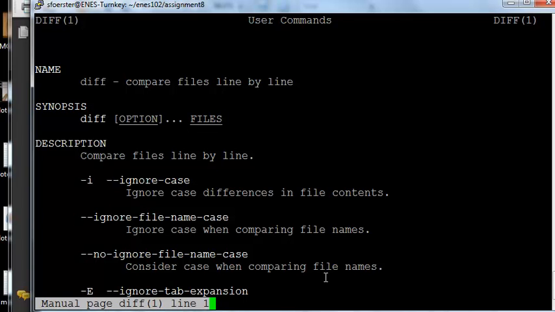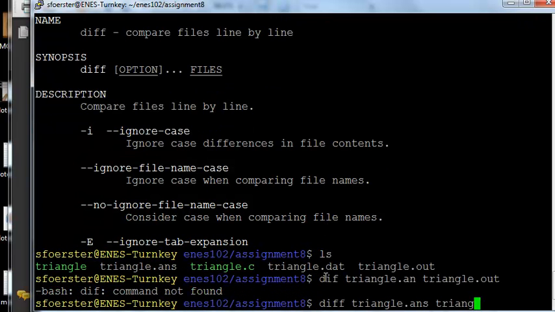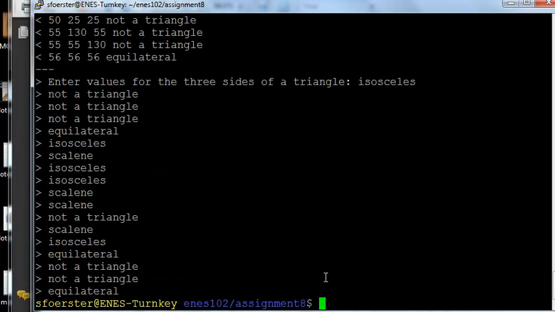Let's just type diff and space and then the two file names. Okay, he's printing on one line the three values with the word equilateral. That's why they're not matching.